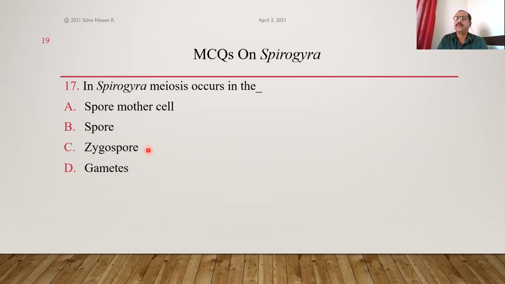This zygospore, which consists of a diploid nucleus, undergoes meiosis to form 4 haploid nuclei. Out of these, 3 nuclei degenerate, disintegrate, break down, and only 1 nucleus remains functional. That zygospore with a functional nucleus then germinates to form a new independent haploid plant body of Spirogyra, that is the filament. So here in Spirogyra, meiosis takes place in the zygospore.